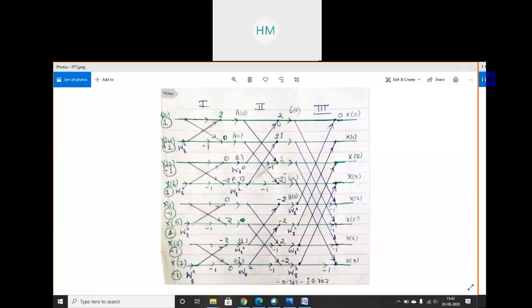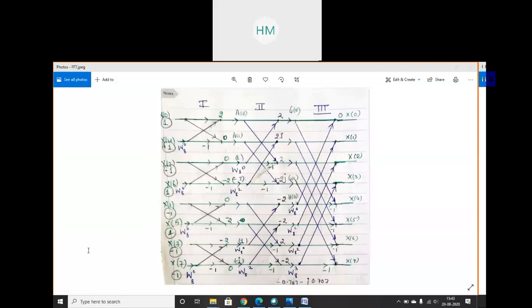B1 into W80 is my G of 0. B0 value. So you are writing wrong. It's not A of 1, it's B0. Clear?